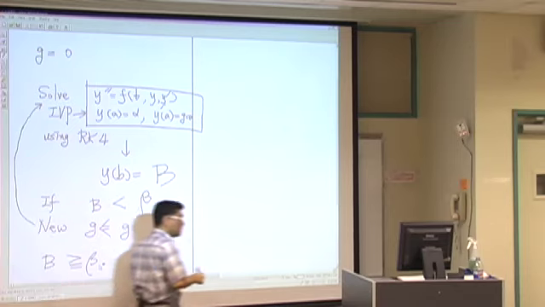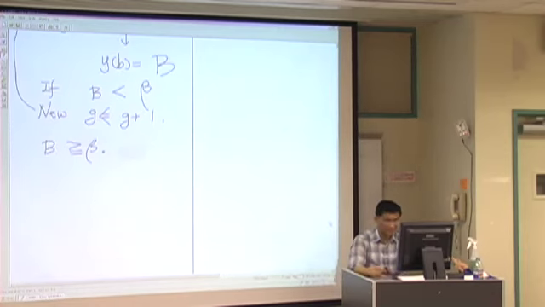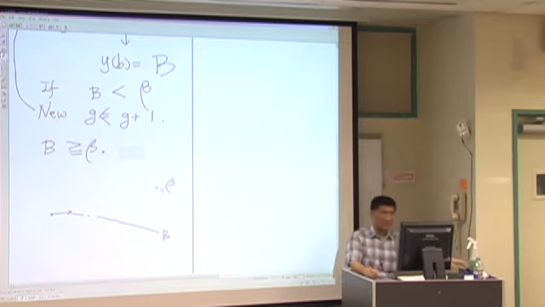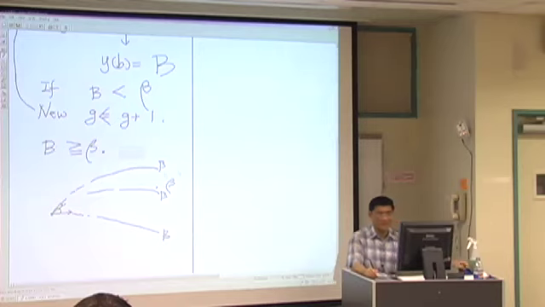So what we have done is this. We initially guessed a 0 angle and then shot, and after shooting we got B while beta is here, right? And then we increase this angle by 1, and then we reshoot and find another B. And then we increase this angle and reshoot, and at last we arrive at some point where B is greater than beta.